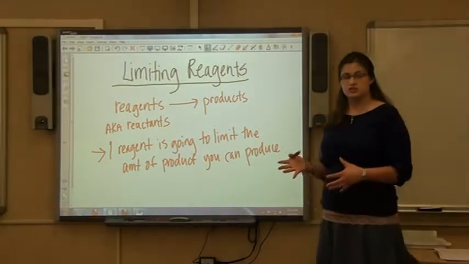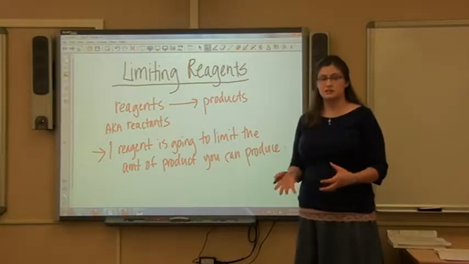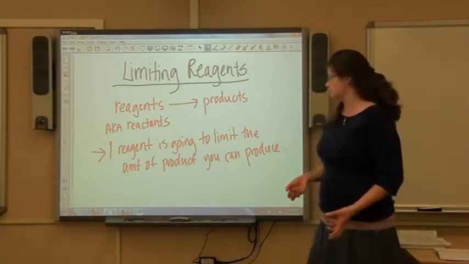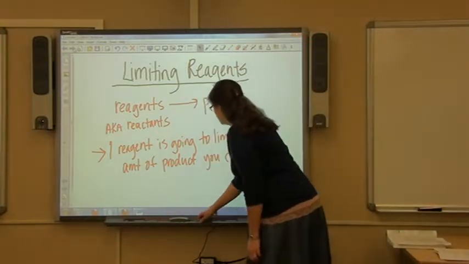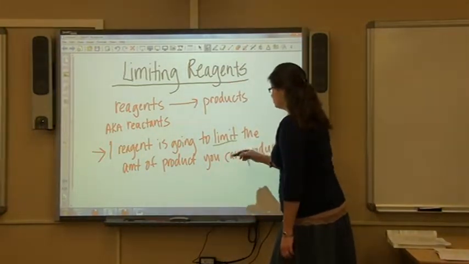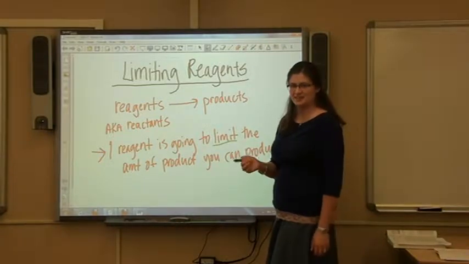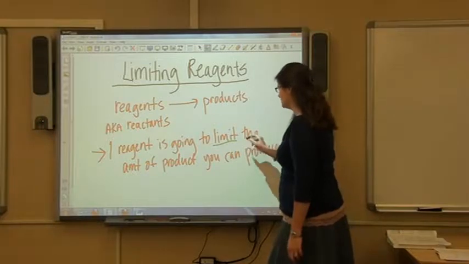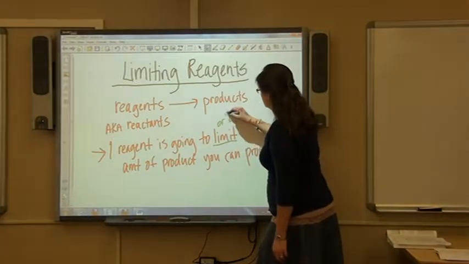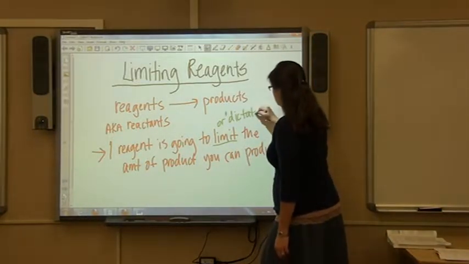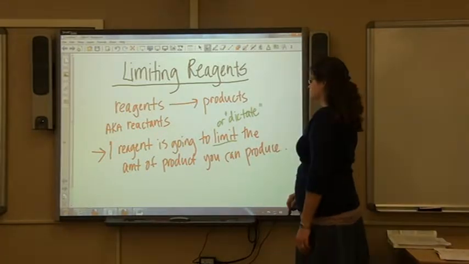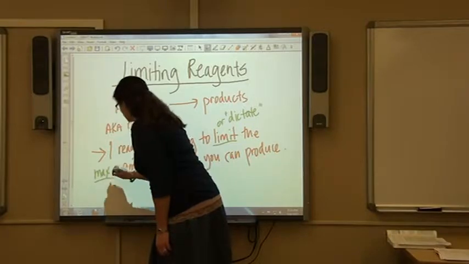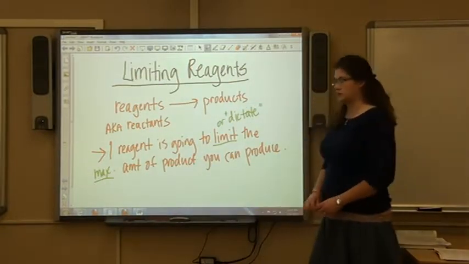So one reagent in your chemical reaction is going to dictate the maximum amount of product that you're able to produce. You should never use a word in its own definition to describe it. So one reagent is going to limit, or dictate, or determine the maximum amount of product you can produce.